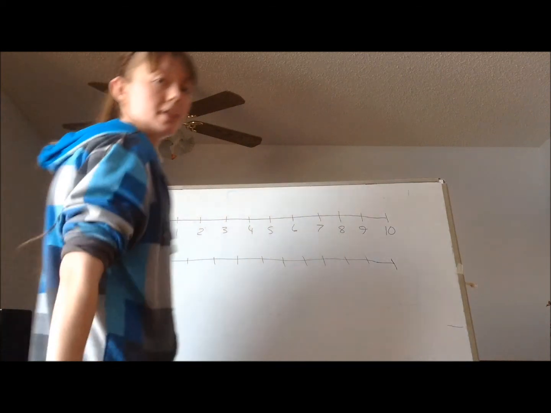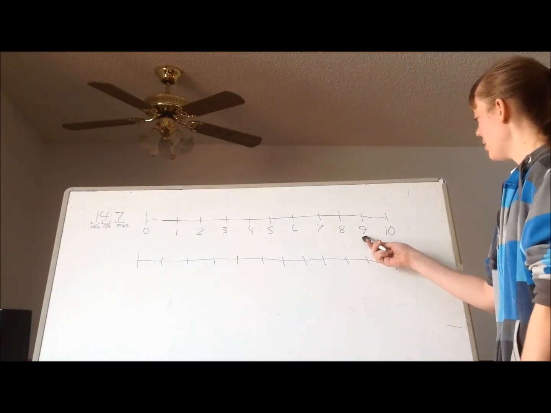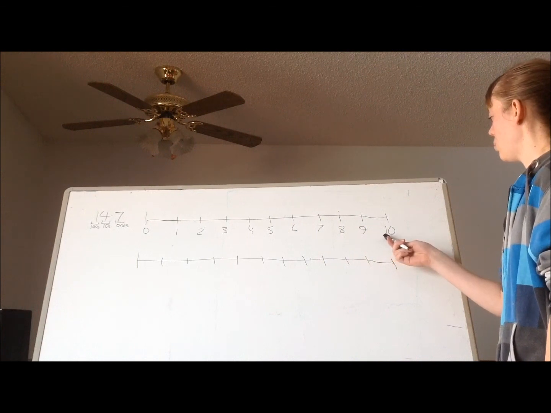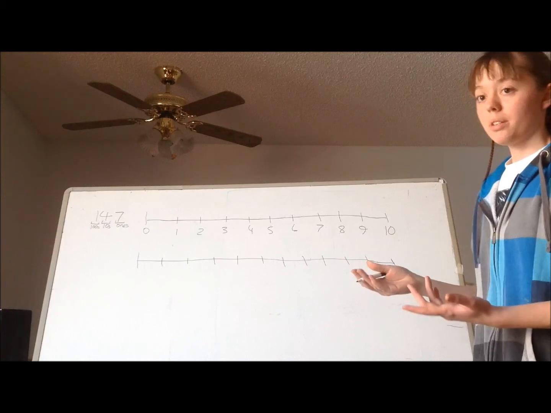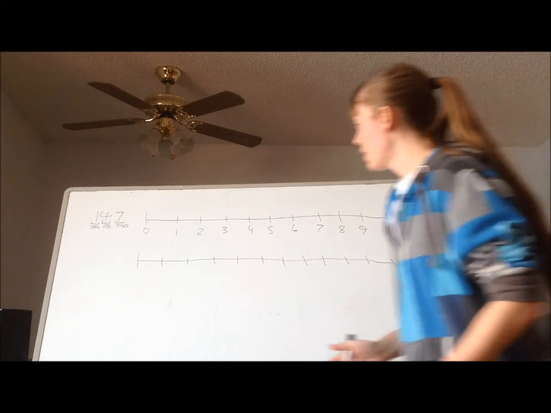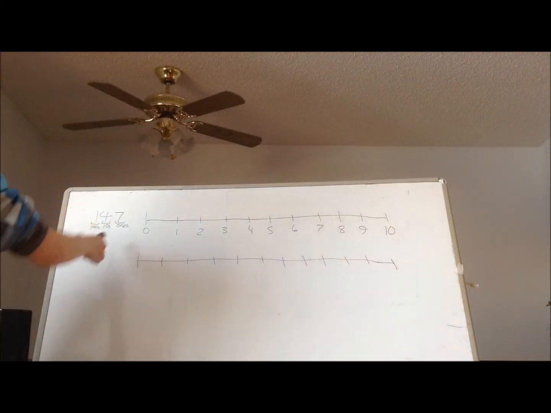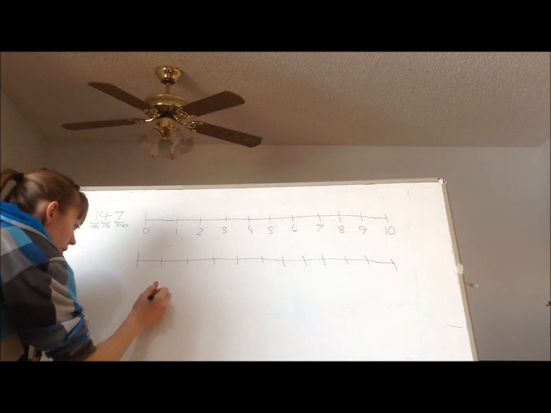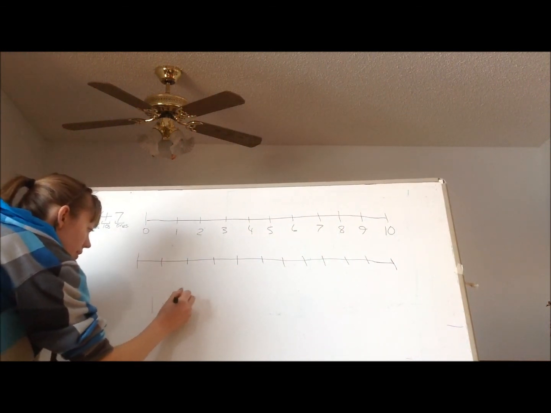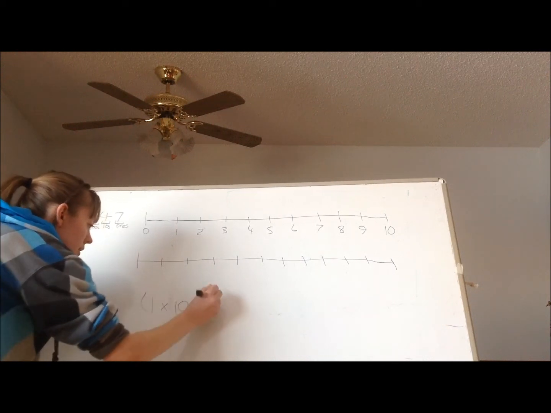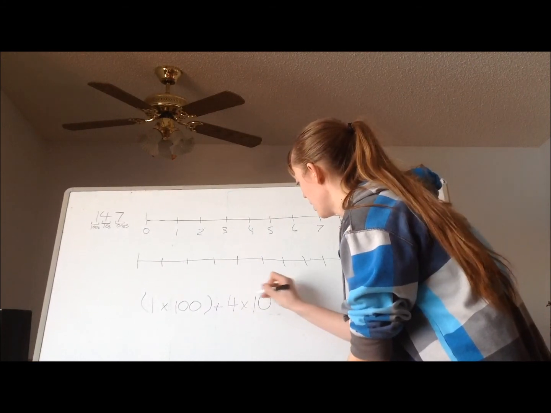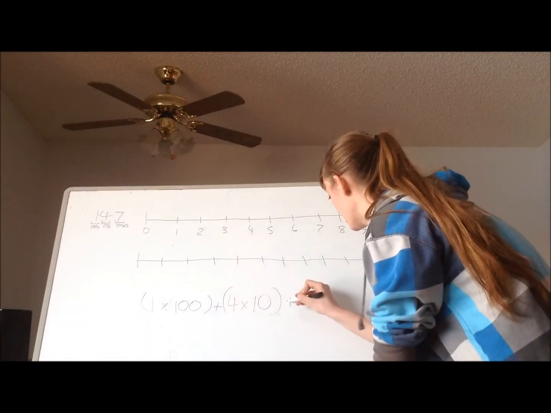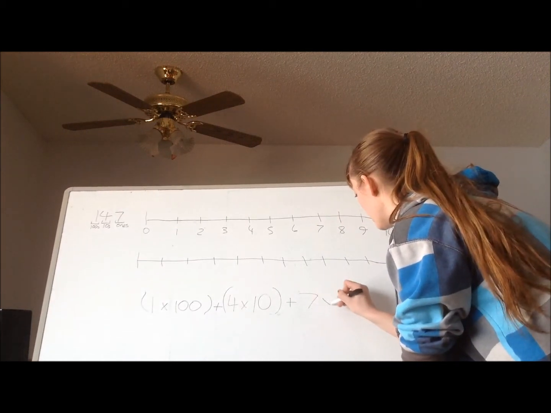What happens is when we get up to 9, we now have to say that there is 1 ten and 0 ones. So you're probably familiar with scientific notation, where you take the number 147 and say there's 1 times 100 plus 4 times 10 plus 7 times 1.